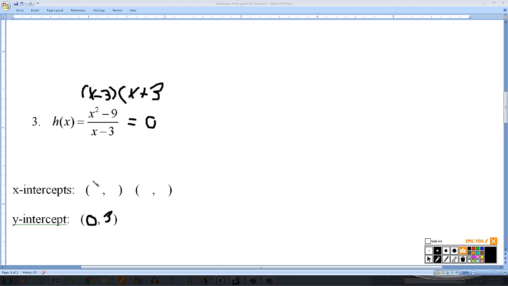The first factor is 0 at x equals 3, and y has to be 0. That's one x-intercept. The second one is 0 at -3. So (-3, 0) is the other x-intercept. Okay, so the y-intercept is (0, 3), and the x-intercepts are (3, 0) and (-3, 0). Clear? And we'll go to the next one.